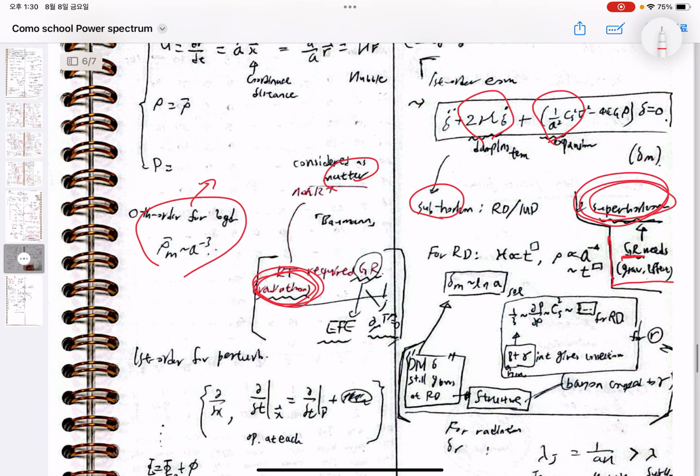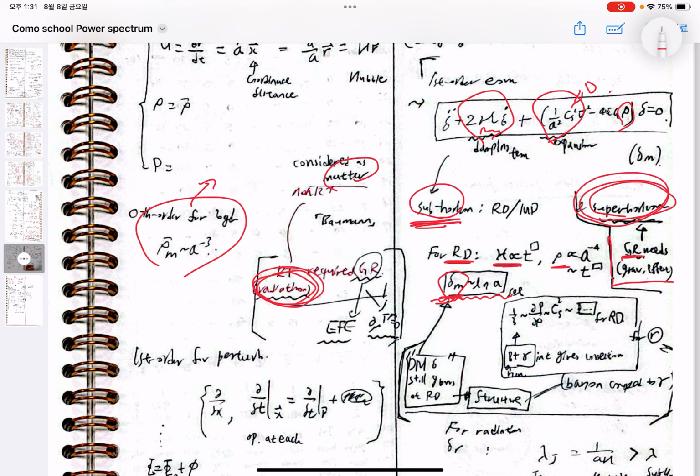But let's only focus on the sub-horizon cases and delta M. By inserting the Hubble parameter as a function of time in the equation of motion, and c_s equal to zero for the matter perturbation, the solution becomes logarithm of a. Already we discussed that. In the sub-horizon, the radiation-dominant matter perturbation follows the logarithm of a.